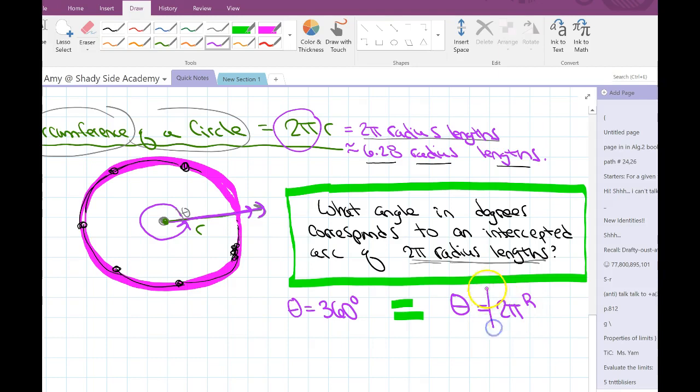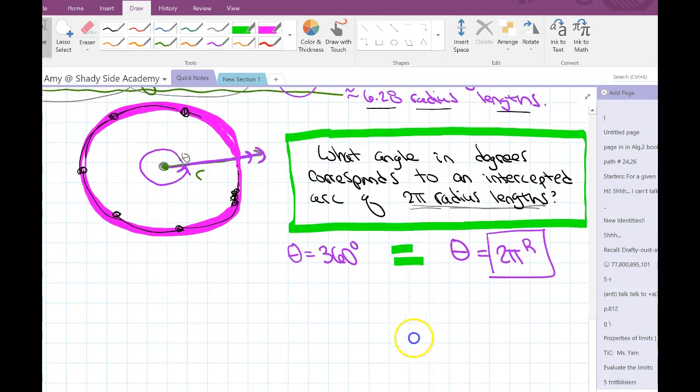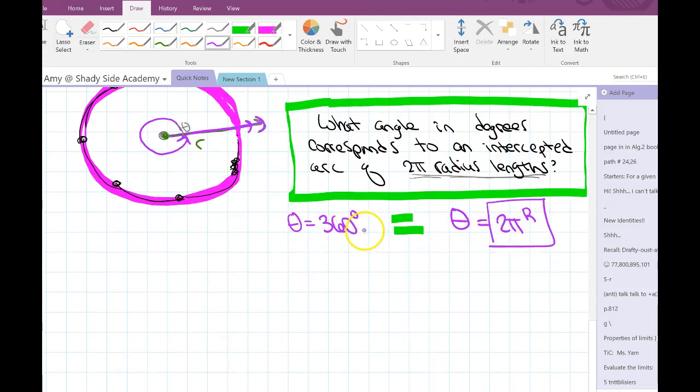When you write this, what you are saying is, I'm looking at an angle where if I place its vertex in the center of a circle, the arc it intercepts will be 2 pi radius lengths. And here is your first equivalence between a degree measure and a radian measure: 360 degrees equals 2 pi radians.